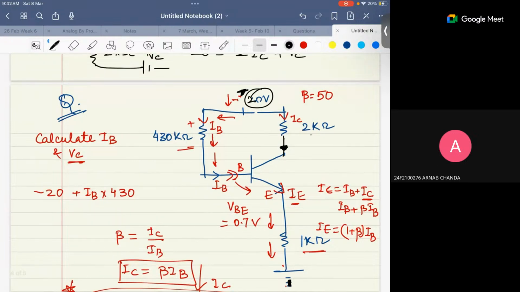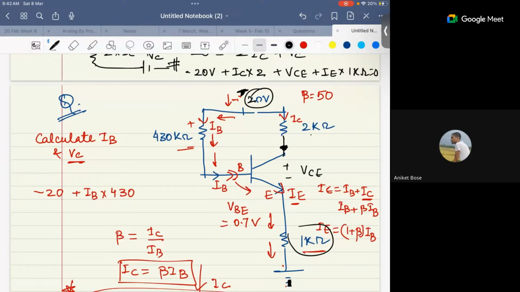This will be minus 20 volt, then a drop of 2 into IC, plus VCE, plus a drop of 1 kilo ohm into IE. Is this question clear to everyone or not? Yes sir. Okay.